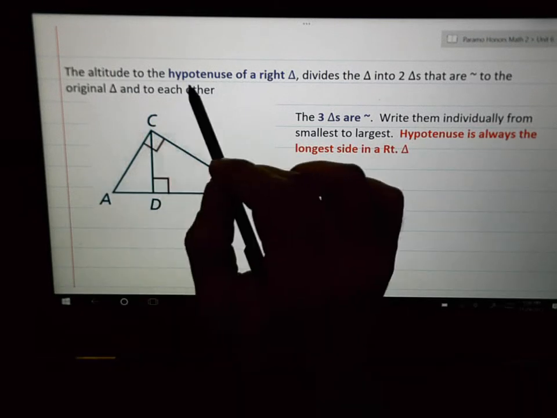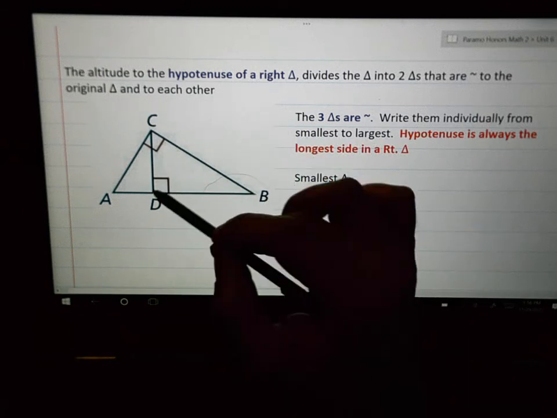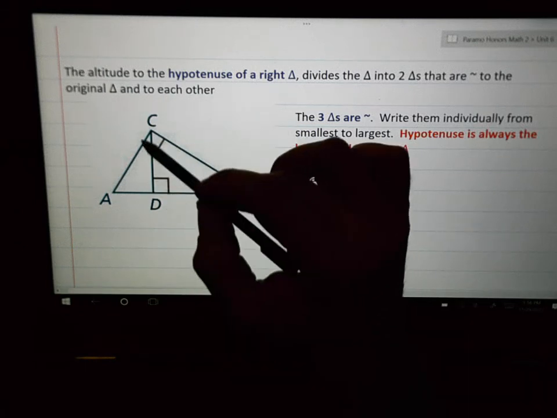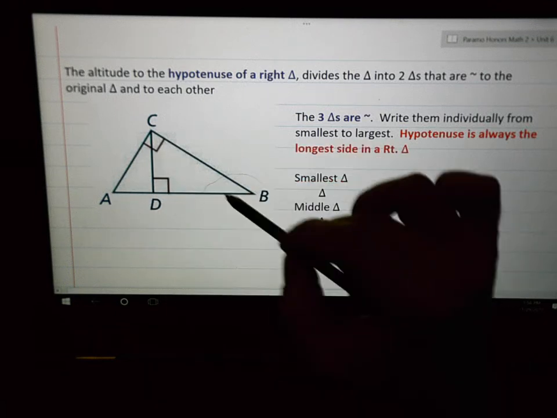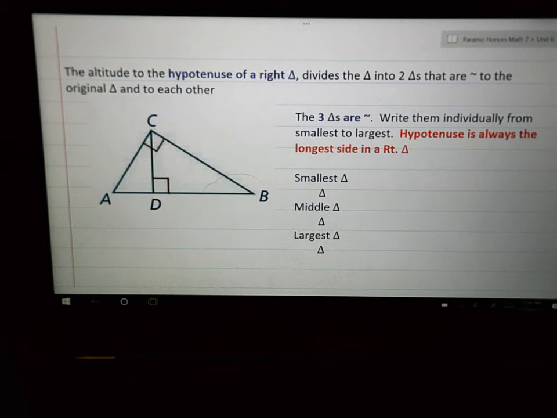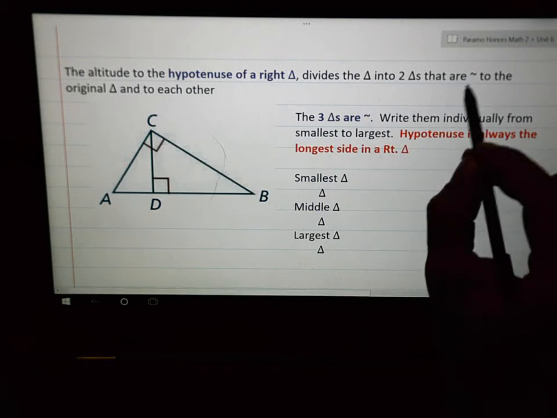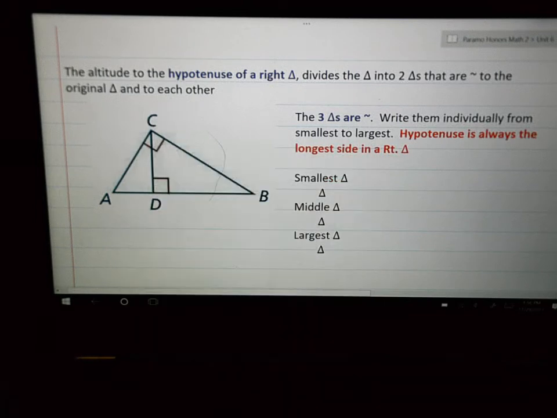What happens with the altitude of the hypotenuse of a right triangle, that means this thing right here. This altitude, the one that is perpendicular to the hypotenuse of this big triangle, divides the triangle into two triangles that are similar to the original triangle and to each other.